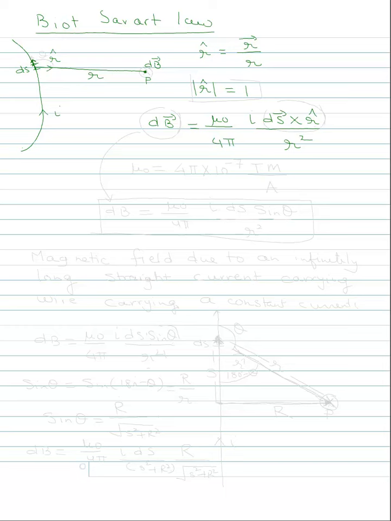Note that over here mu 0 is a constant, it's the permeability constant, and its value is 4 pi times 10 to the power minus 7 Tesla meter per ampere.